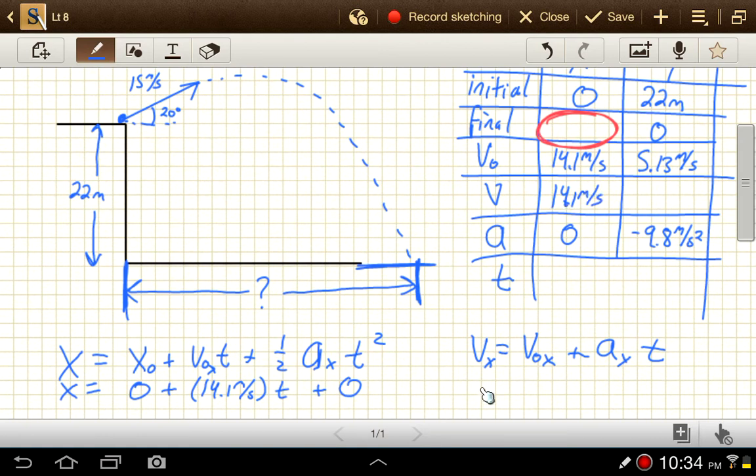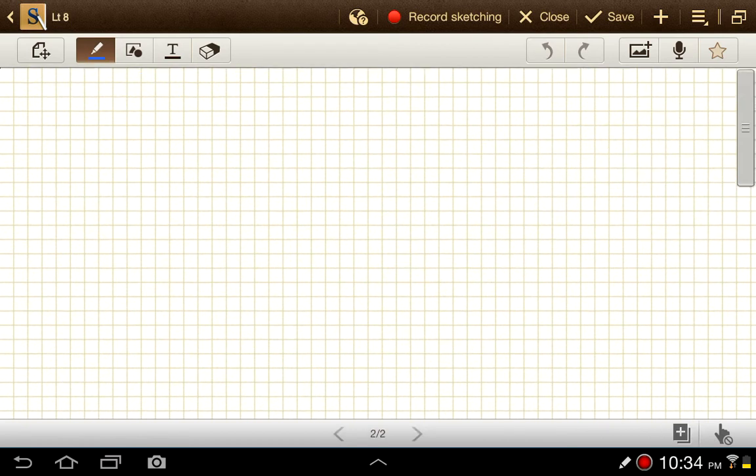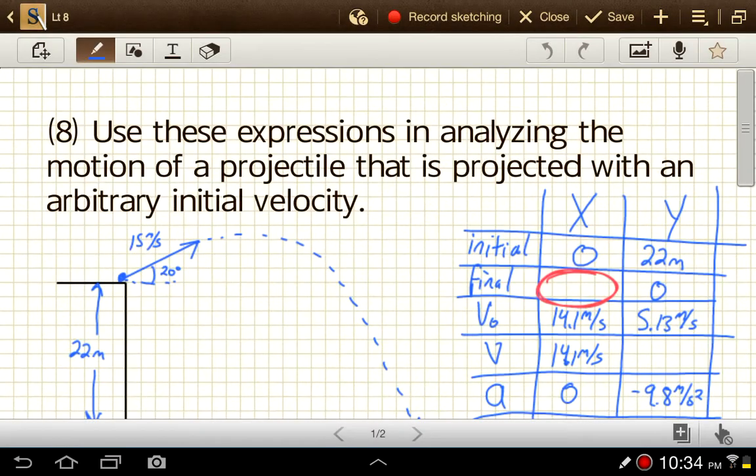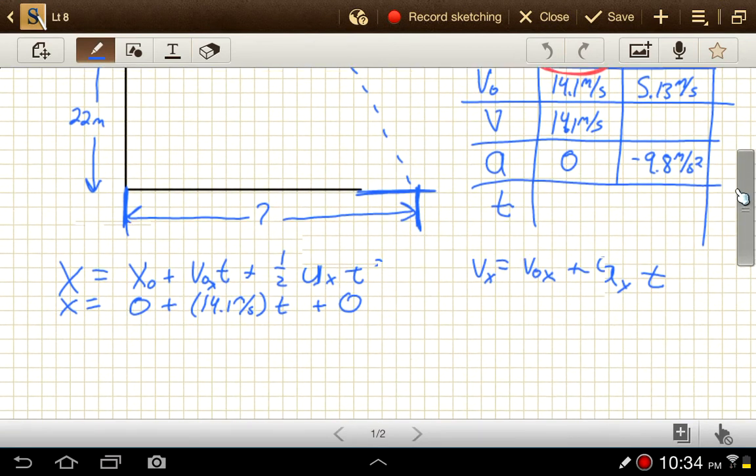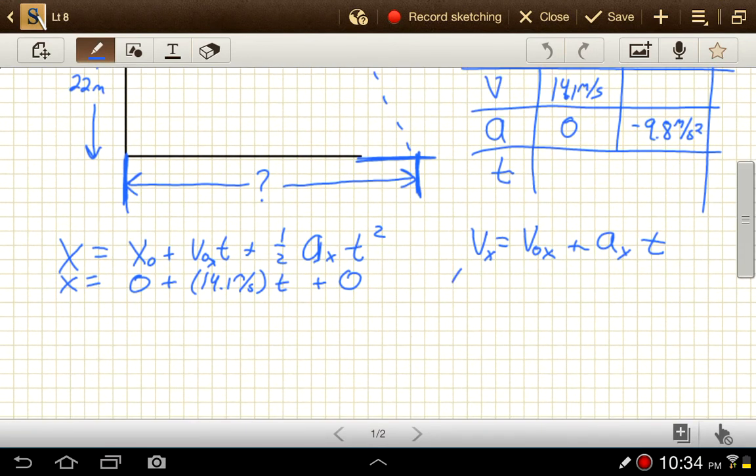So I can plug in: 14.1 meters per second equals 14.1 meters per second plus 0 times t, which is 0, and I've just successfully proved that 14.1 equals 14.1.